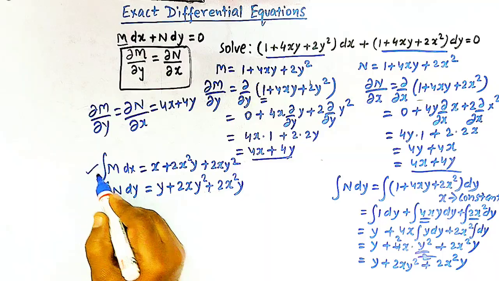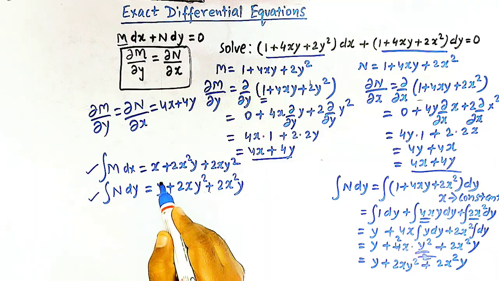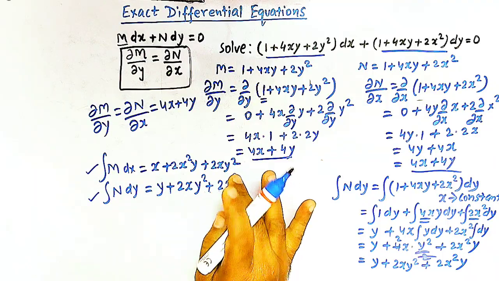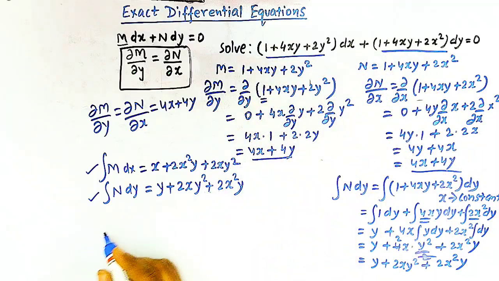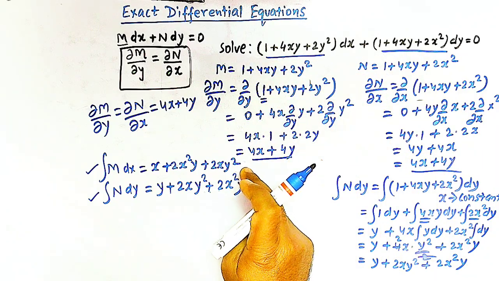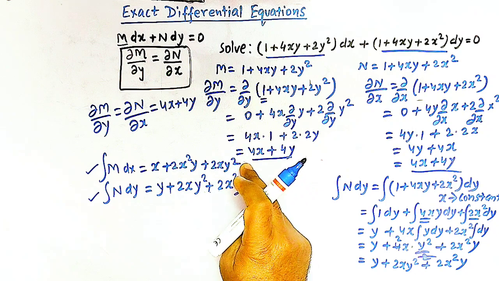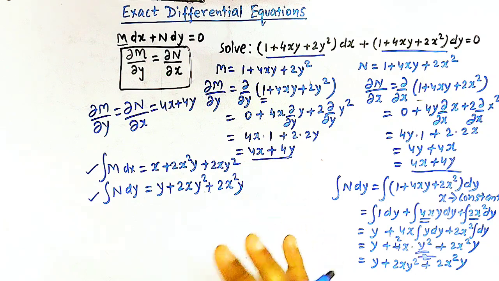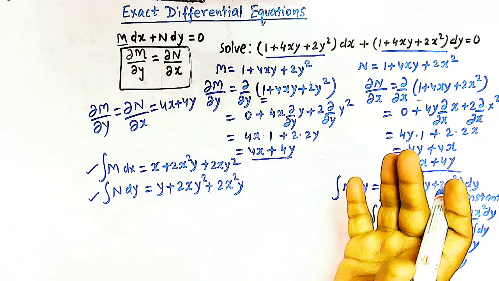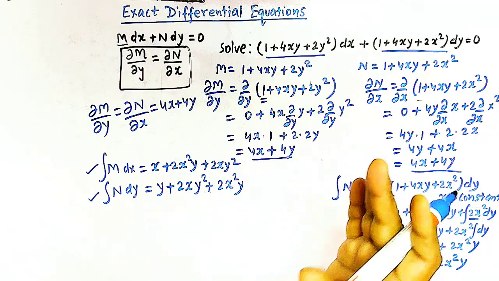Now if we look at these two expressions, the solution of this differential equation can be obtained by taking the sum of these two expressions and equating the sum to some arbitrary constant c.